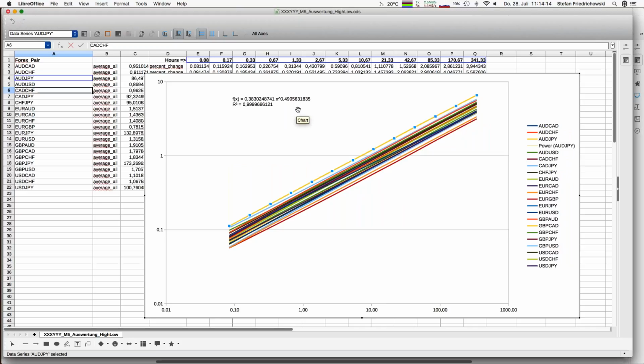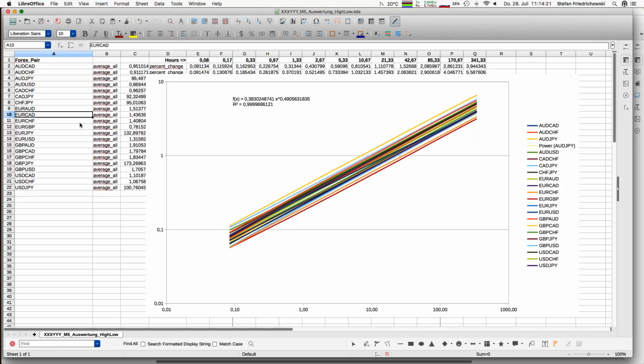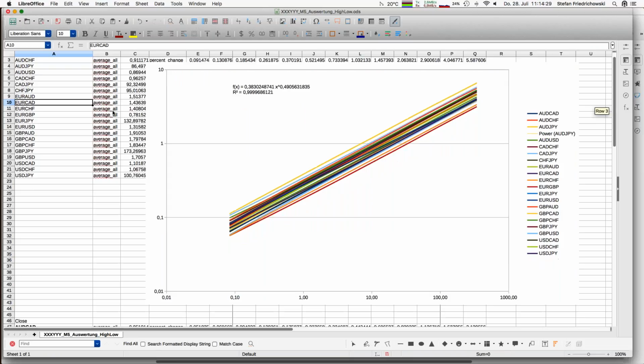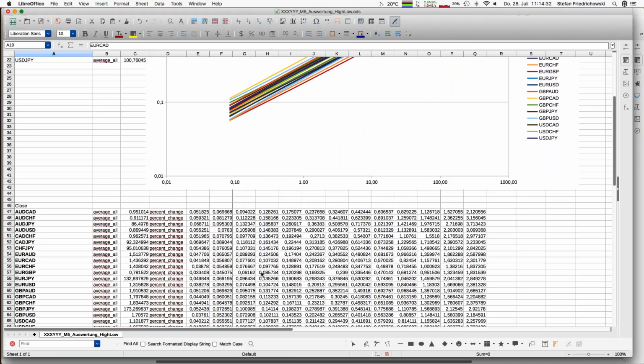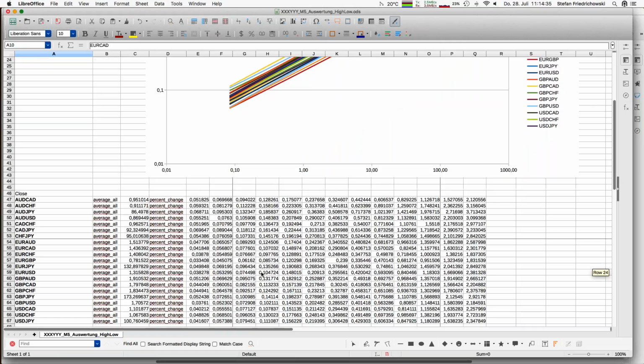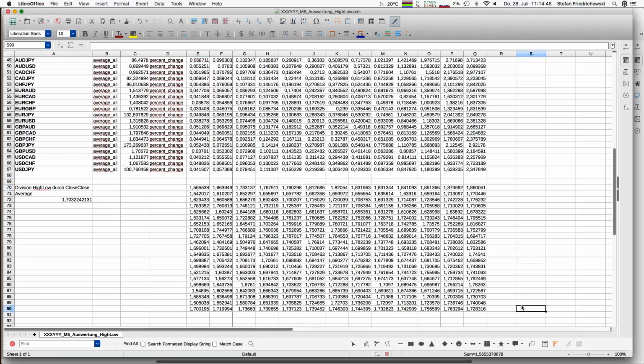Okay, so we have the same kind of time behavior, and what I did now is simply I have those numbers which are the typical high-low difference after a certain time, and I put here the old table being the differences between close values, and then I simply did a calculation, the one divided by the other, and that is the complete table here.